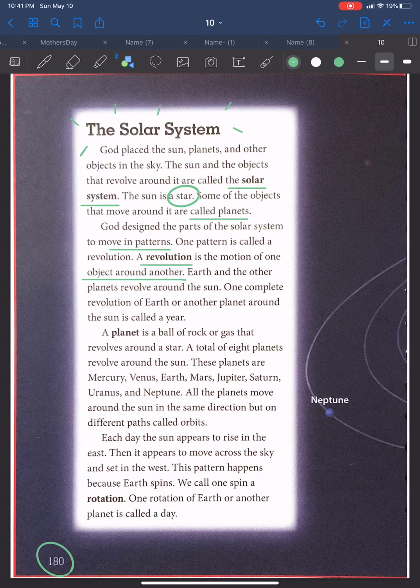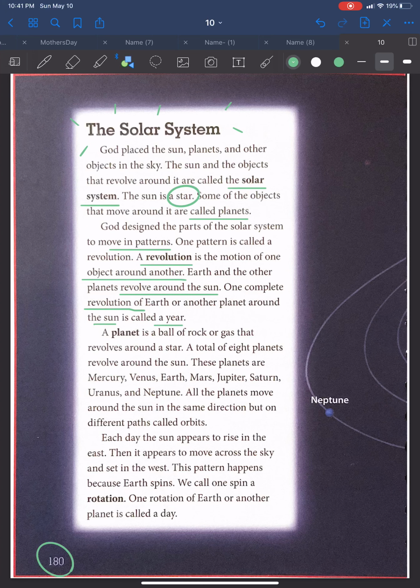Earth and the planets revolve around the sun. All of our planets revolve around this one really bright star. When we make one complete revolution, or any other planet makes one complete revolution around the sun, we like to call that a year.